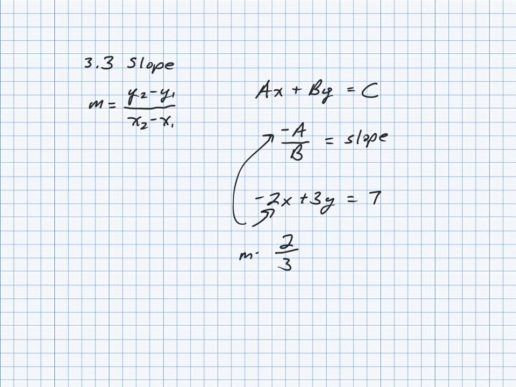That's the slope. Another example would be 7x minus 5y equals 3. Again, we're going to take the opposite of the first value, so that's going to be a negative 7, and we're going to divide it by the second value, which is negative 5. So the slope is going to be negative 7 over 5, or 7/5.